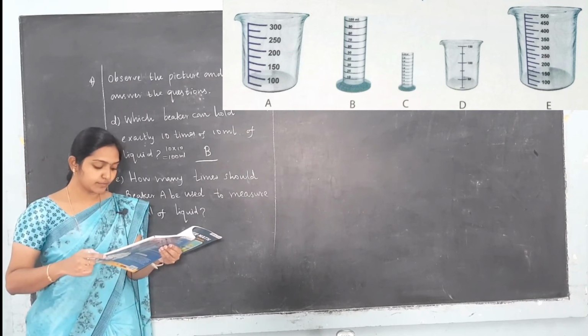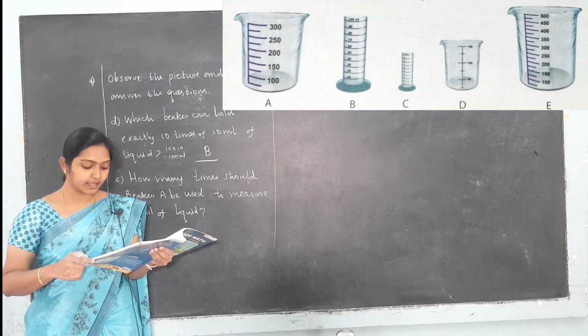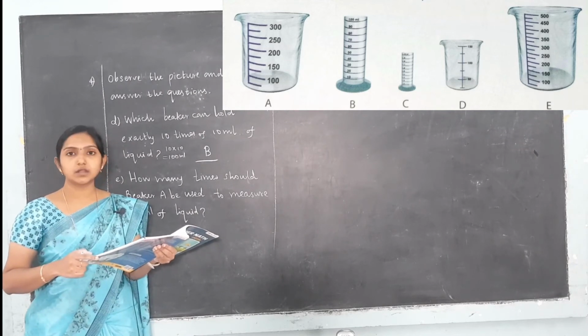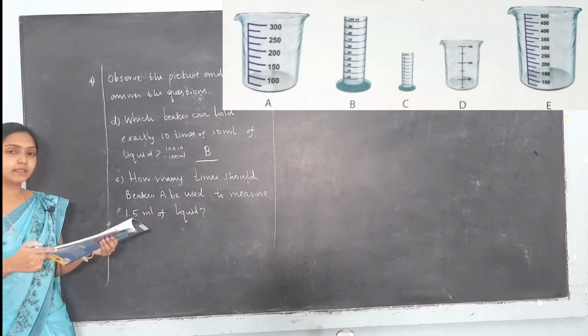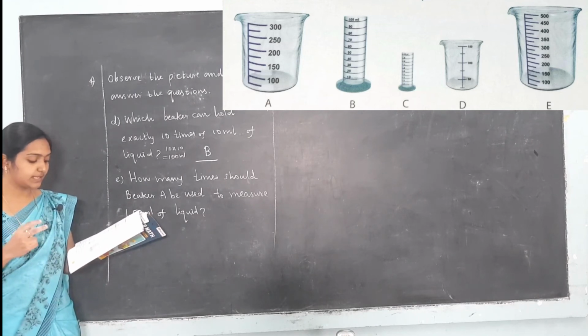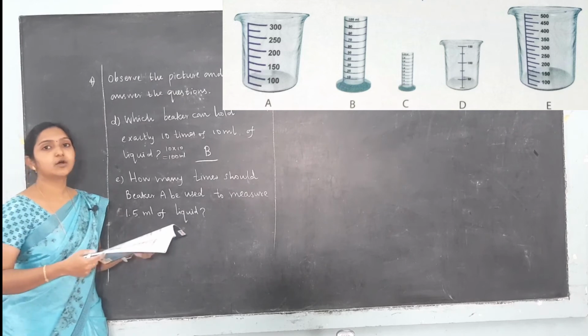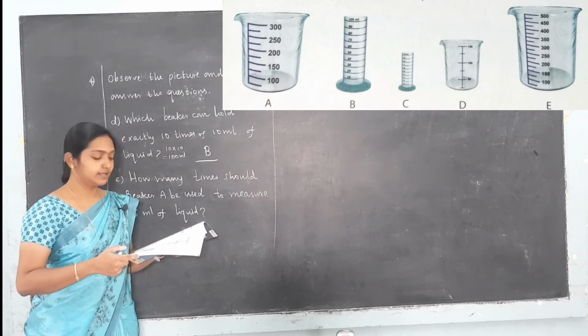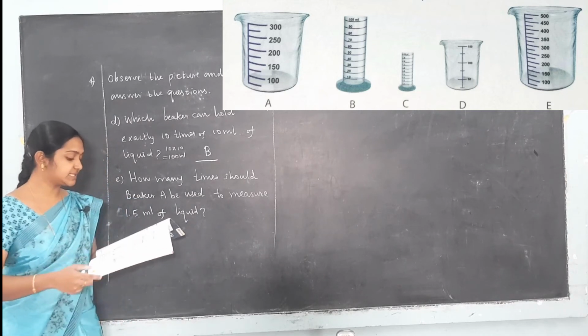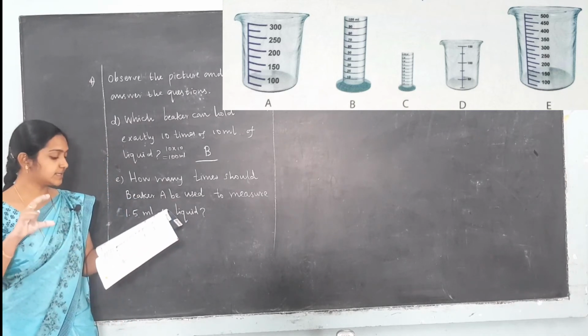Next, how many times should beaker A be used to measure 1.5 ml of liquid? We have to divide 300 ml. The capacity of beaker A is 300.